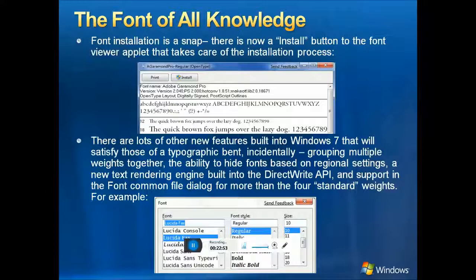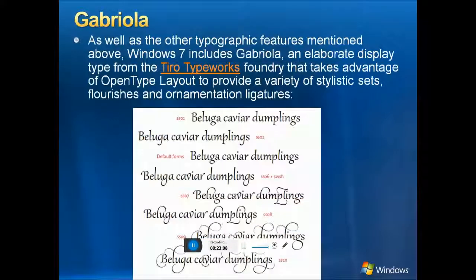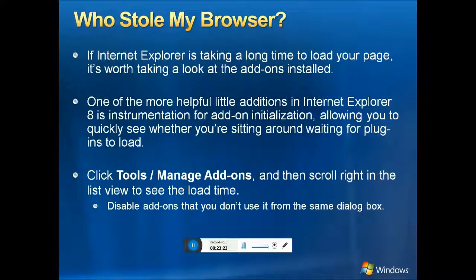Incidentally, there is the ability to group multiple weights together and hide fonts based on language settings, a new text rendering engine built on DirectWrite, support in the font common dialog, and more. As well as this is the typographic feature maintained above in Windows 7, including ClearType and accelerated display for the type.